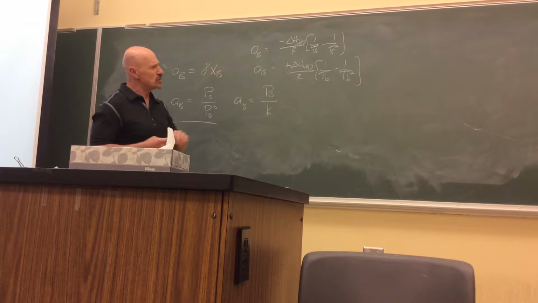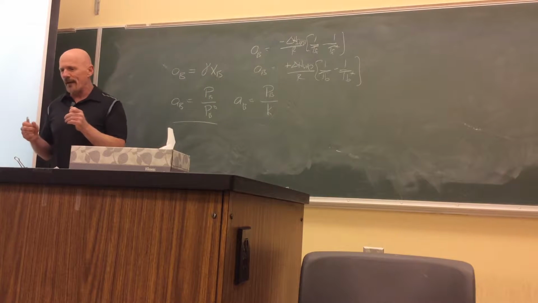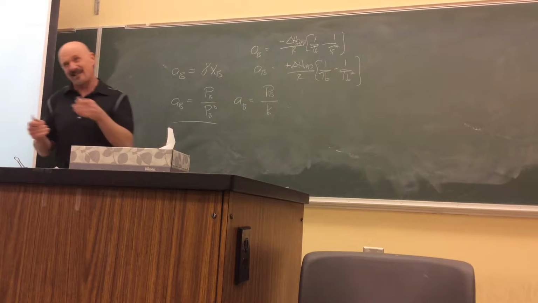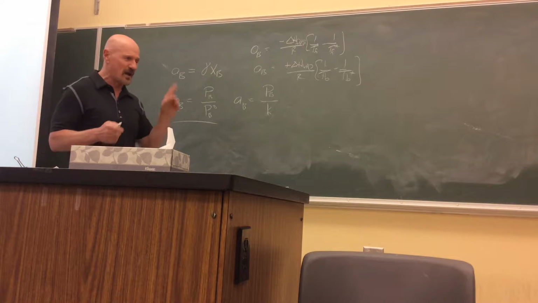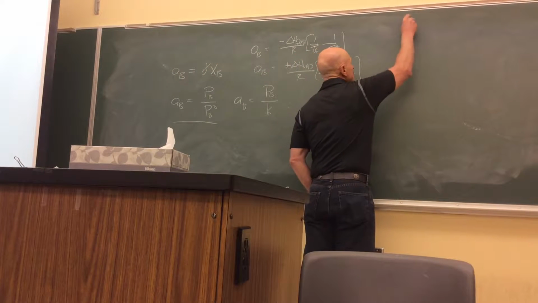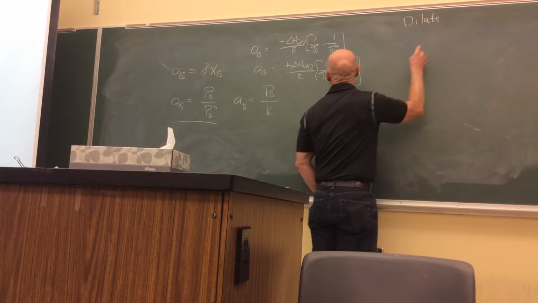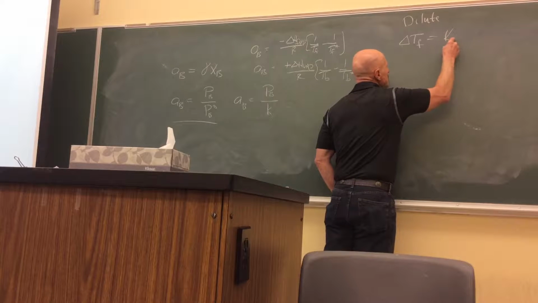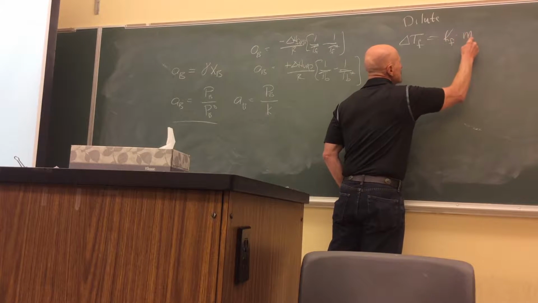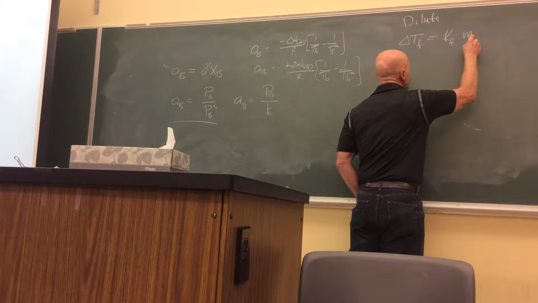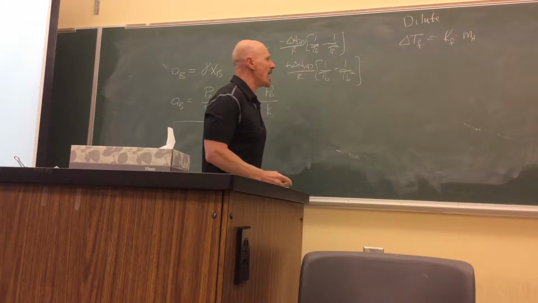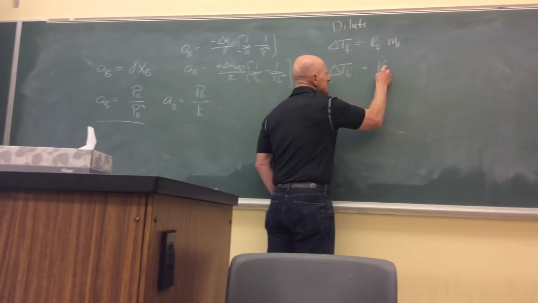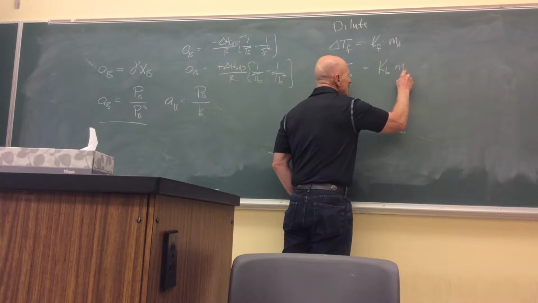For these two, we had a case where if we had a very, very dilute solution, which is hard to get, then we have the dilute solution approximation where delta T freezing was the freezing point constant times the molality of the solute A. And we had another one, delta T boiling, as Kb times the molality of substance A.